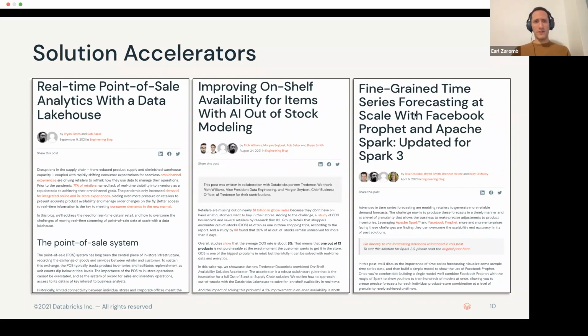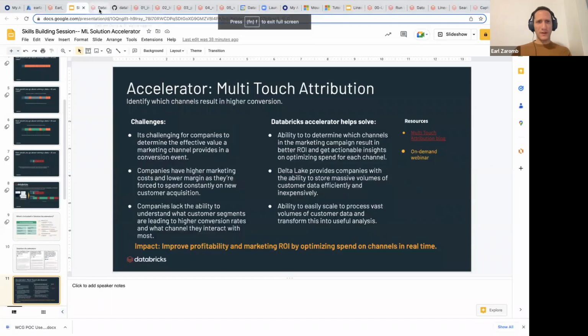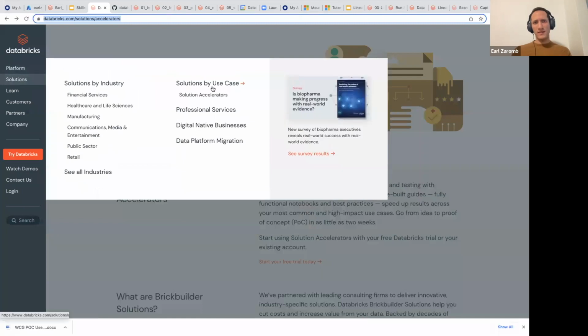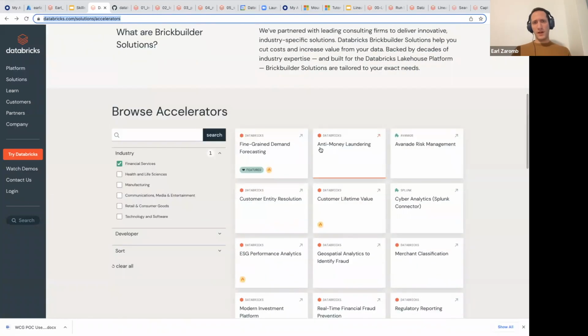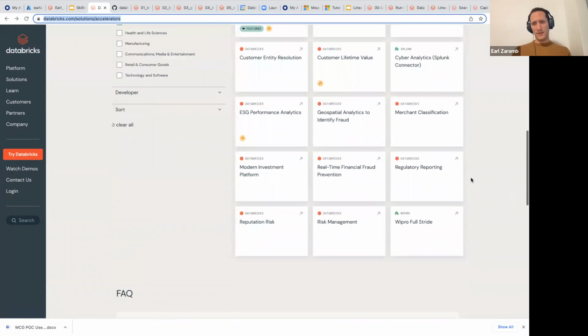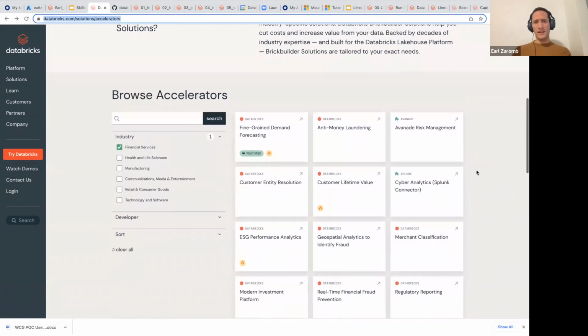If I were to go onto our website, for example, you just go to solutions and solution accelerators, which is easy to find. You'll then be able to search for them by industry, and you'll see dozens of examples, which will all have a wide variety of content.